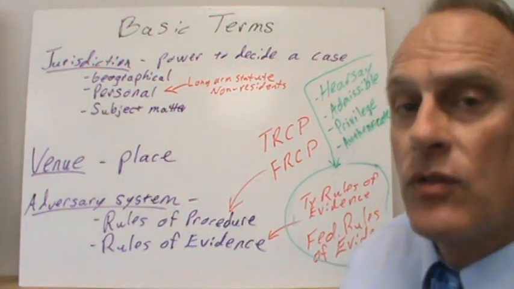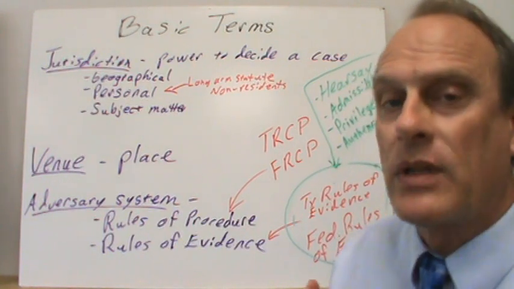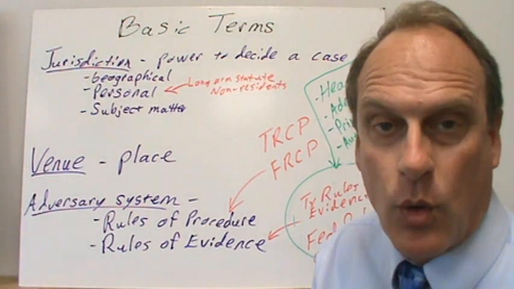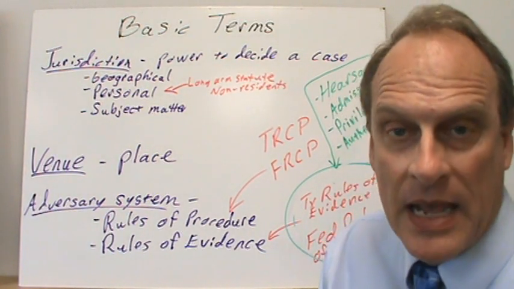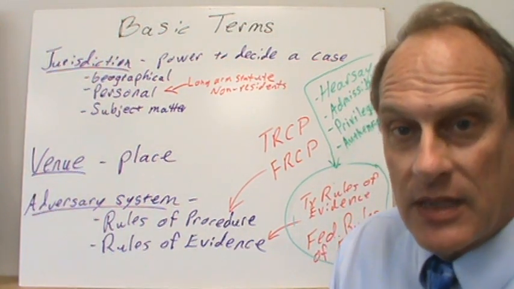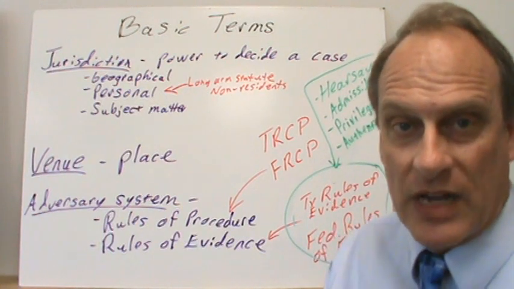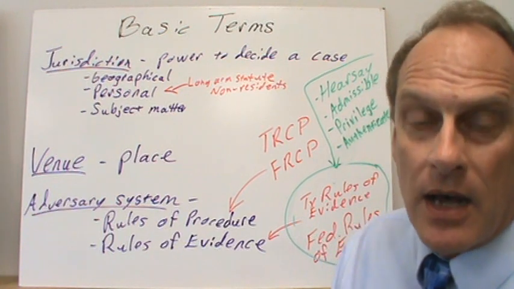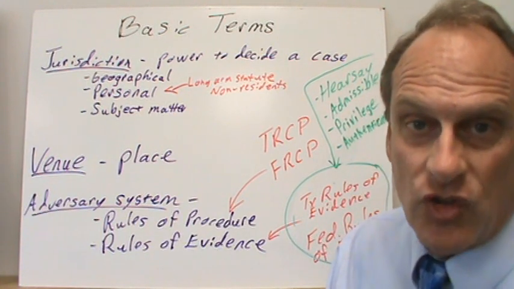The next one is personal jurisdiction. A court only has jurisdiction over people who appear before it or who are subject to its control. And so it's generally thought that a court has jurisdiction over people who reside in that area. But what about a non-resident who is sued?